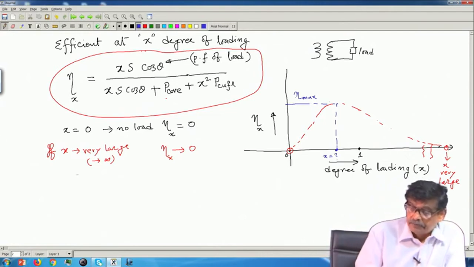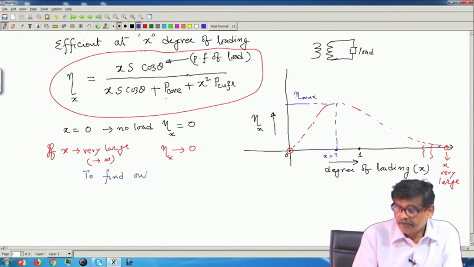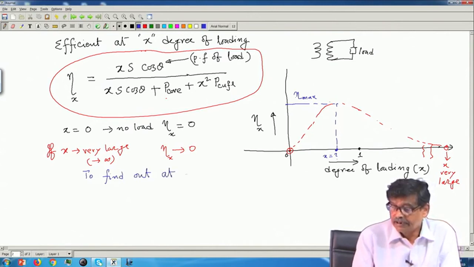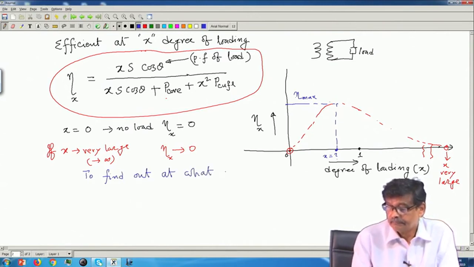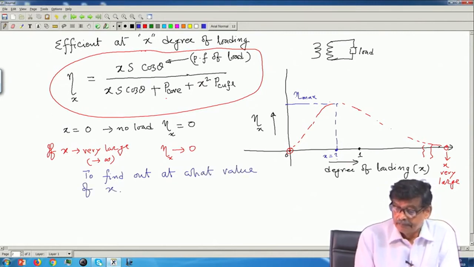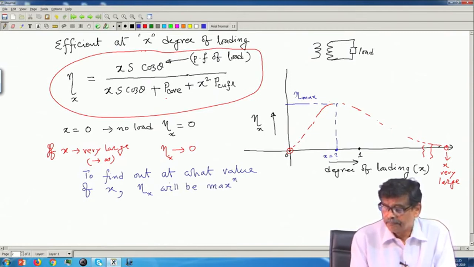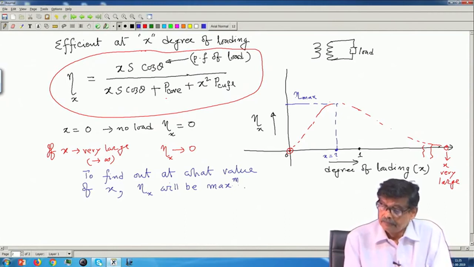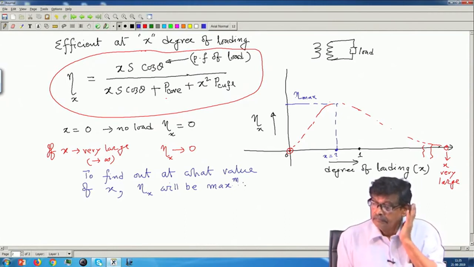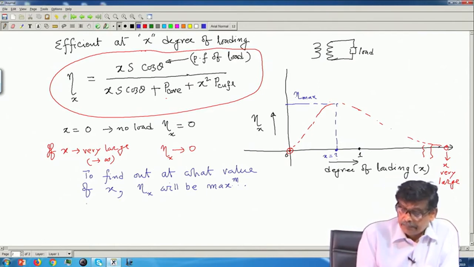So, to find out at what value of x eta x will be maximum. That is what I want to find out. Clear? Mind you, when I am varying x, I will keep cos theta constant.